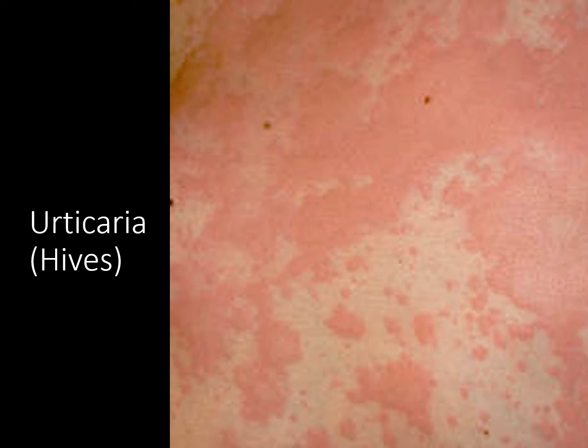Okay, so the wheal and flare. So the flare is the red part, and the surrounding pale part is the wheal. So if you see the term wheal and flare, that's referring to urticaria or hives in an allergic reaction.